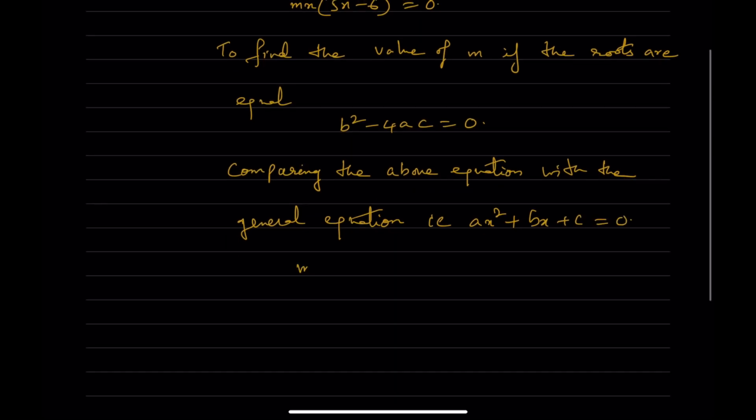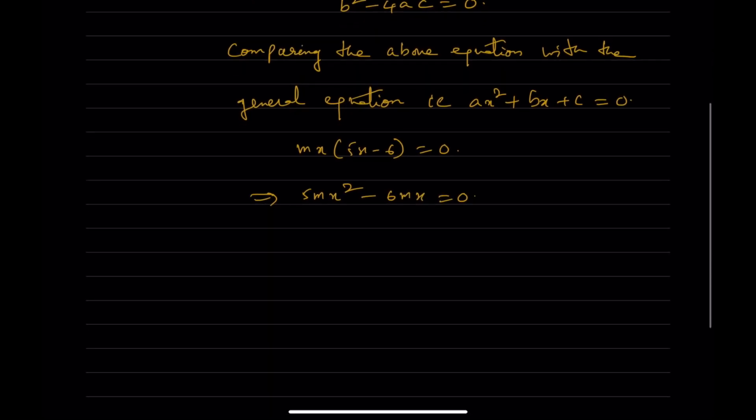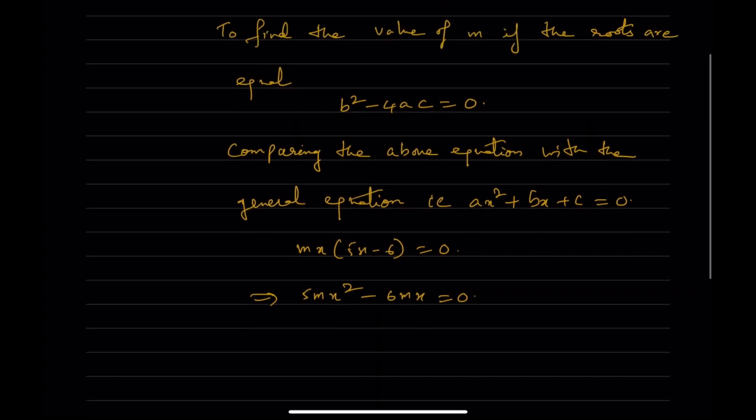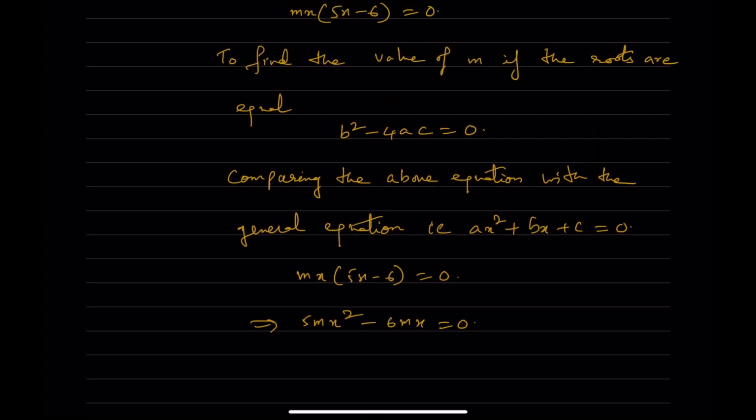We have mx(5x - 6) = 0, which implies that 5mx square minus 6mx is equal to 0. So now in order to find the value of m, we have to write down, if the roots are equal, we have b square minus 4ac is equal to 0.